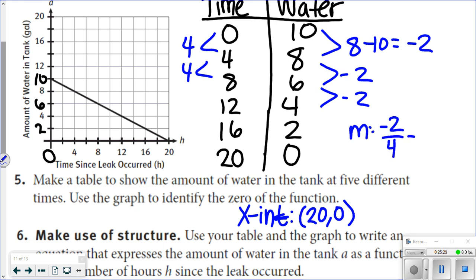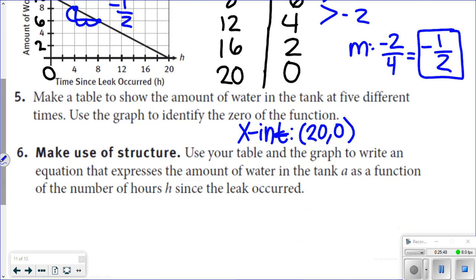over 4, which is a negative 1/2. Let's see if that's the case on our graph. Oh yeah, I'm going down 1 box over 2, so negative 1/2.